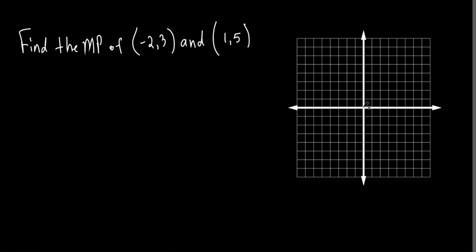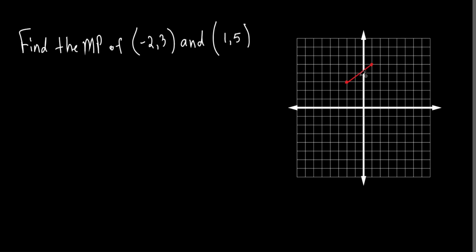-2, 3. Where's -2, 3? -2, 1, 2, 3, right there. There's -2, 3. Where's 1, 5? 1, 1, 2, 3, 4, 5, right there. And what am I trying to do? Am I trying to find out how long that line is? Nope. I'm trying to find the midpoint.